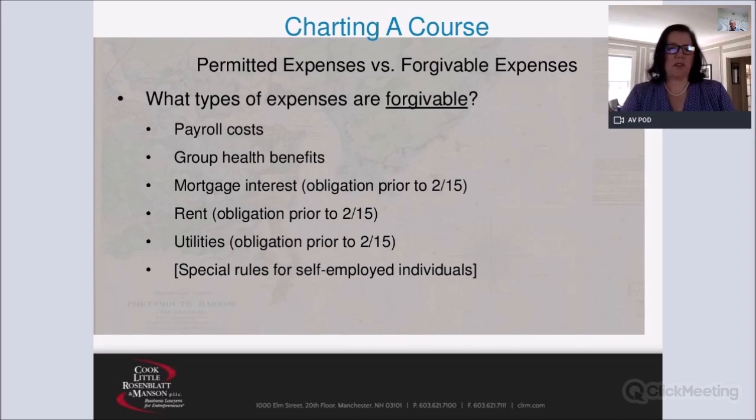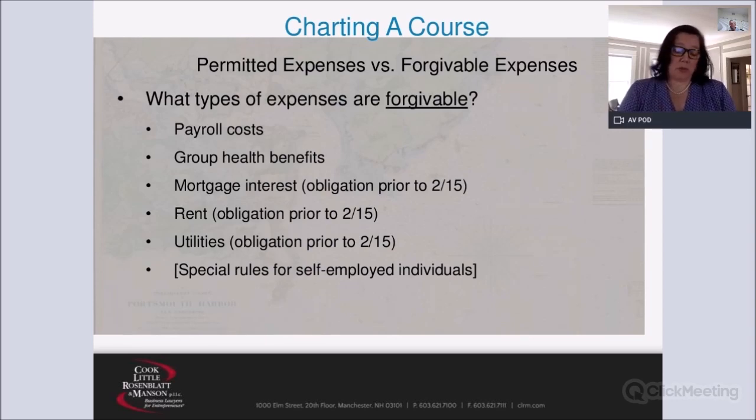This is a distinct test from the permitted expense test of 75% for payroll costs. On the forgivable expense, the maximum that can be forgiven on non-payroll costs is 25%. So that 25% can be spent on mortgage interest, rents, and utilities. But there's a real focus on this 75% effectively on the payroll and group benefit costs and the like.